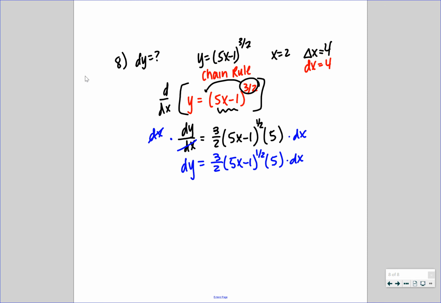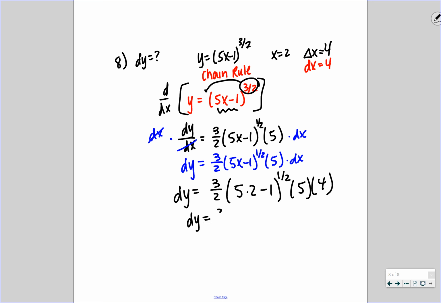I'm going to plug these numbers in. I know x is 2, I know dx is 4. So dy equals 3/2 times 5 times 2 minus 1 to the 1/2 times 5 times 4. dy equals 3/2. This is 10 minus 1, that's 9 to the 1/2 power times 5 times 4. 9 to the 1/2 power is square root of 9.